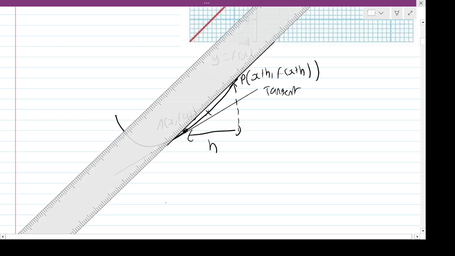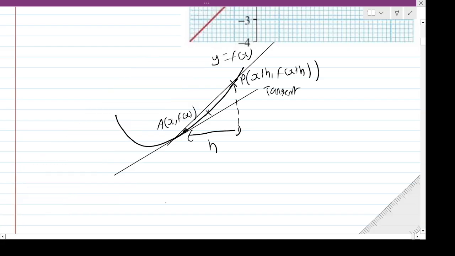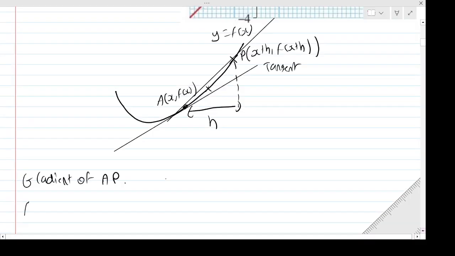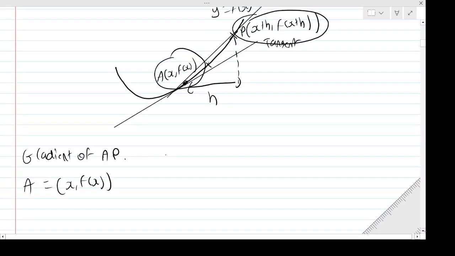To work out the gradient of AP, remember, if A again has coordinate x, f of x, and then P has coordinate x plus h, because we're moving h away from A, and then f of x plus h.